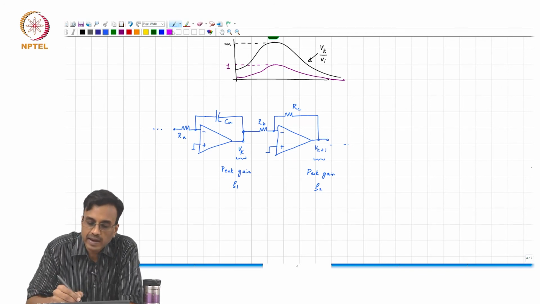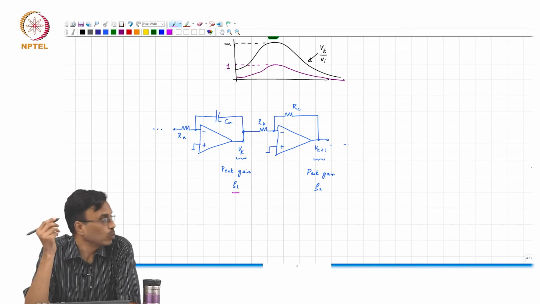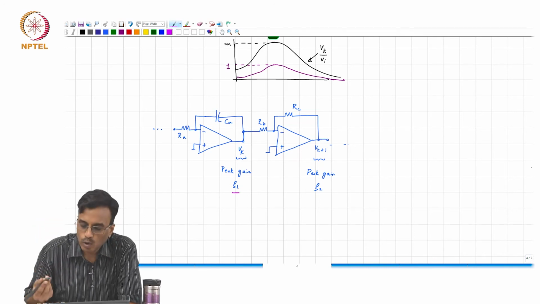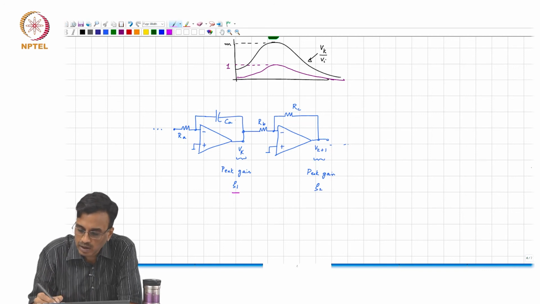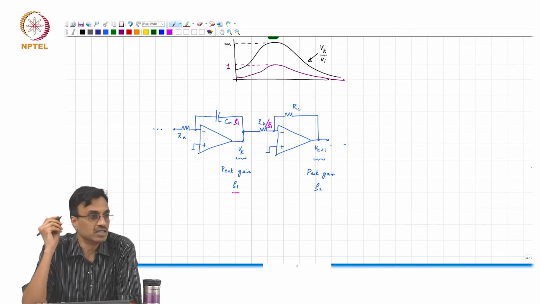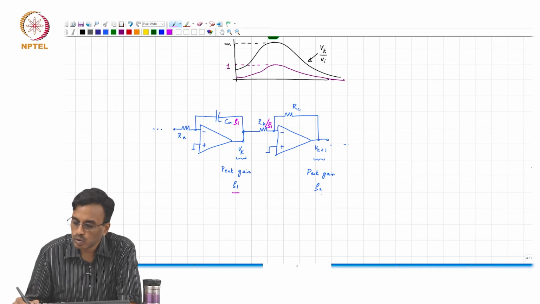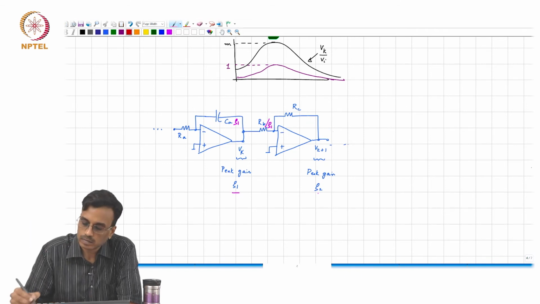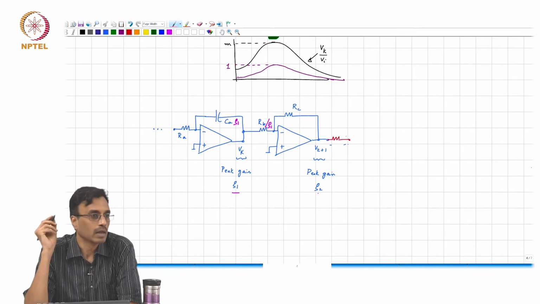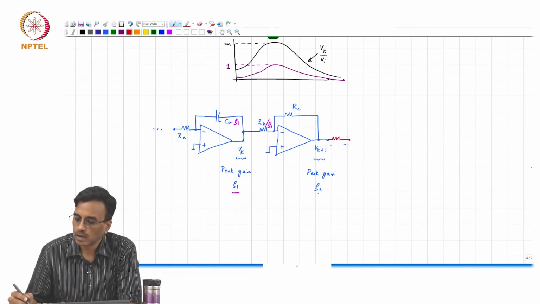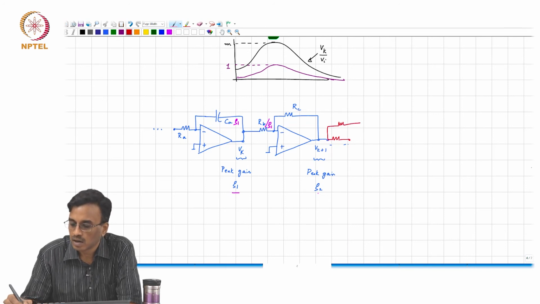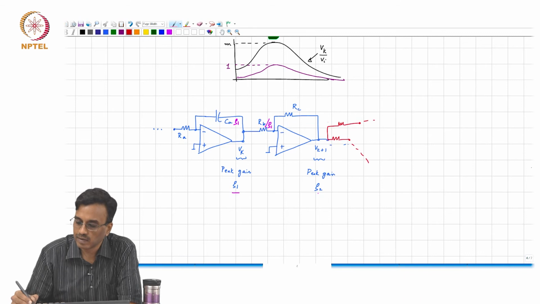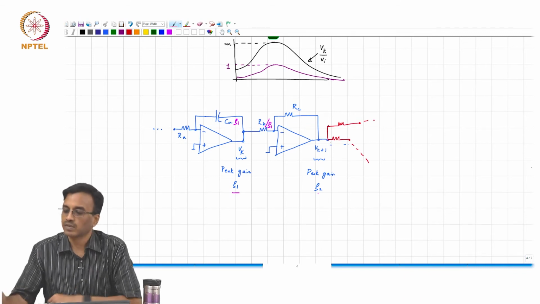We'd like to push this gain down by a factor of G1. So what would I do? Well, you just increase this by G1 and reduce that by G1. I need to reduce the peak gain of this by, let's say, this is going somewhere else, this is going somewhere else. That scenario is very clear.